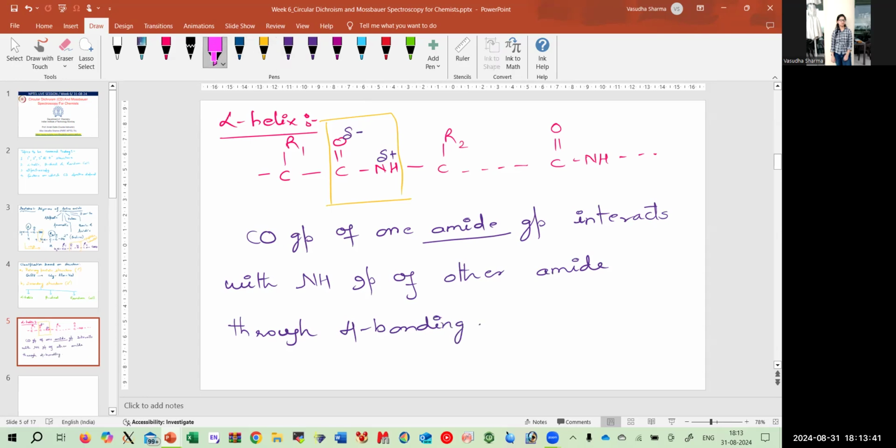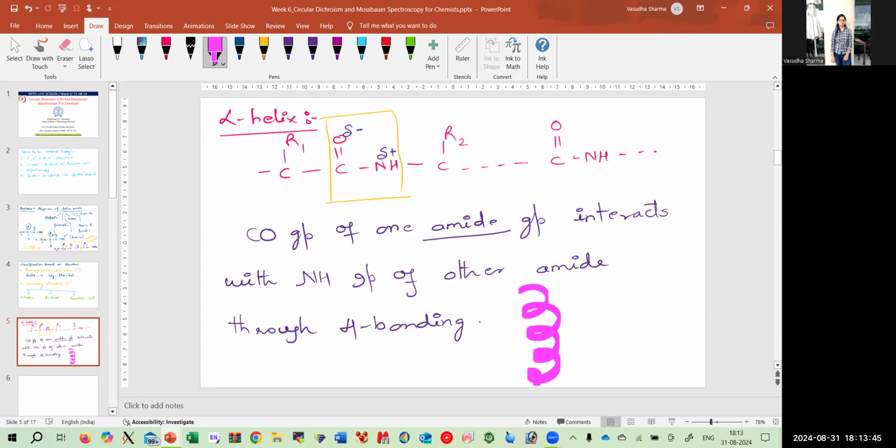For example, we have this helical sheet, and here we have C double bond O, and in this one, the amide group NH. So it is basically a hydrogen bonding interaction. That makes the alpha helix structure of the proteins.